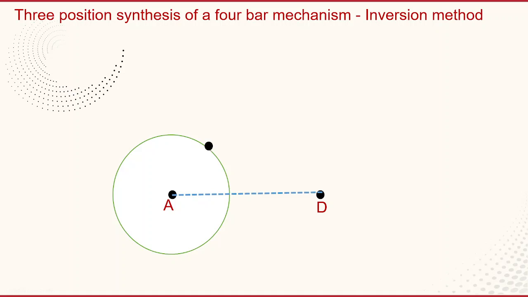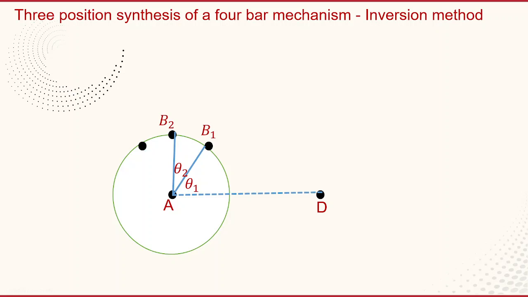Now you can see the first position B1, that is AB1, at an angle theta 1 from the reference line. Here the reference line I chose is a horizontal line. From the horizontal line, this is theta 1. Now you can see another position B2, at an angle theta 2 with reference to the previous position, that is, AB1 to AB2 is the angle theta 2.